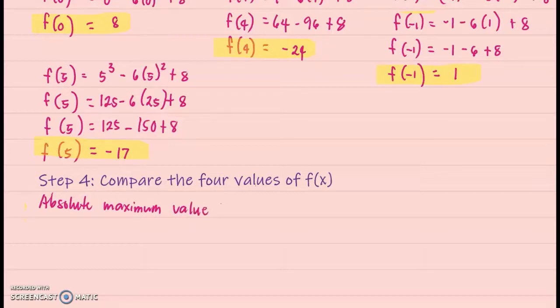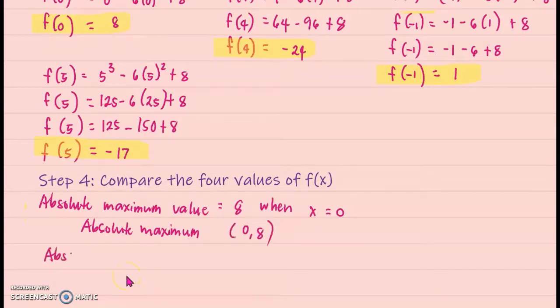So the absolute maximum value is 8 when x is equal to 0. So the absolute maximum is at 0 and 8.